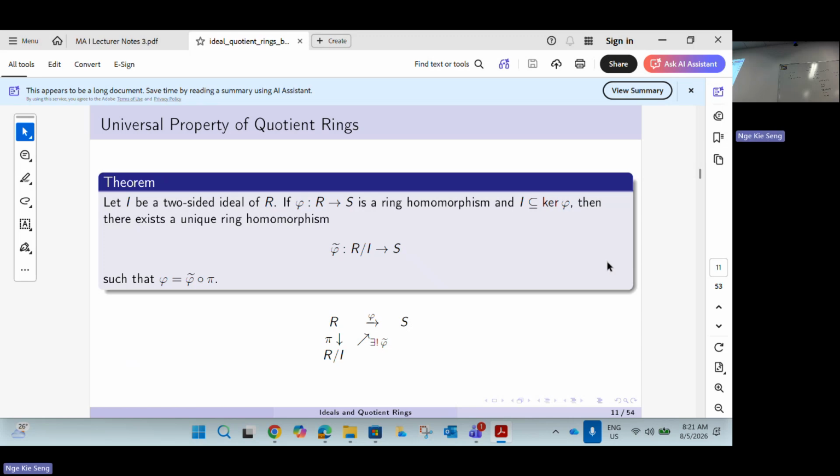Then there is a unique ring homomorphism phi tilde from R mod I to S. Now we have this map from R to S, which is phi, and this is the projection map pi, which sends r to r plus I. And then we have a unique phi tilde here, so that phi equals phi tilde composed with pi.